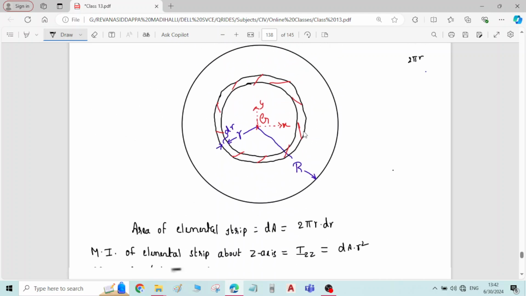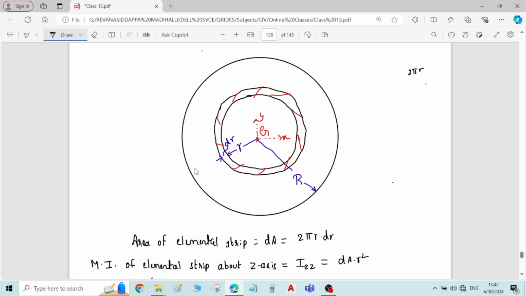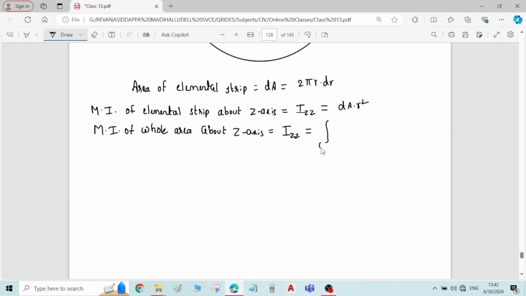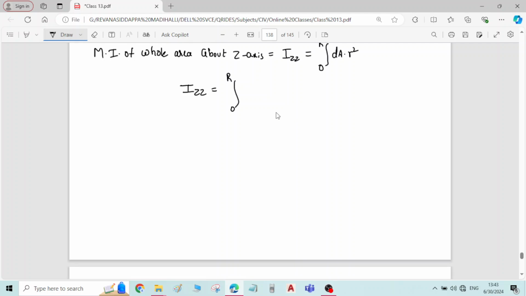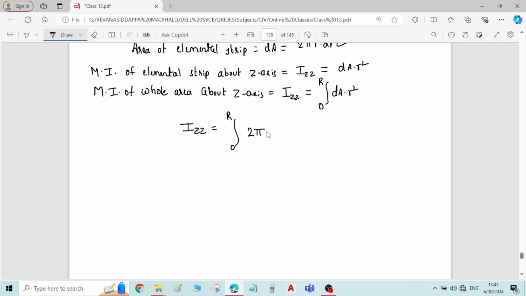To get the moment of inertia of the whole area, you have to integrate from 0 to capital R. If you integrate the moment of inertia of the elemental strip about the z-axis with limits from 0 to R, you will get the moment of inertia of the whole area. Therefore Izz is the integral from 0 to R of dA into r square, where dA is 2 pi r into dr, so 2 pi r into dr into r square.